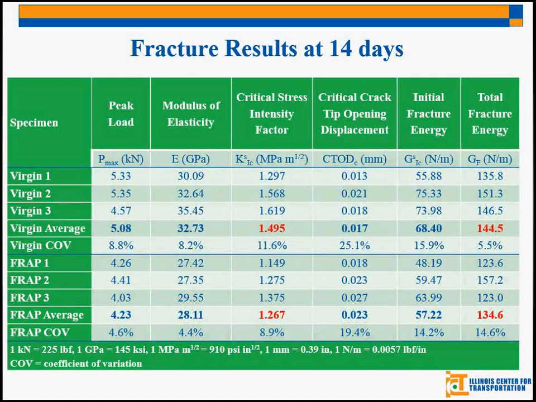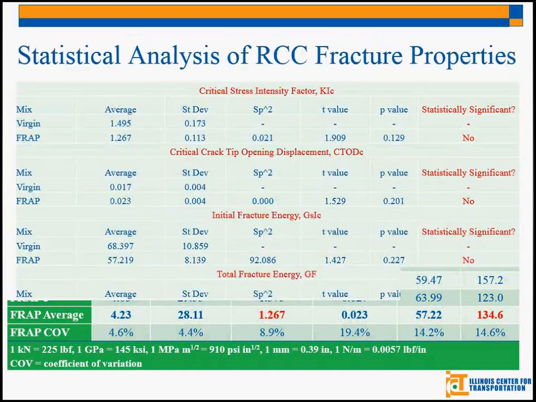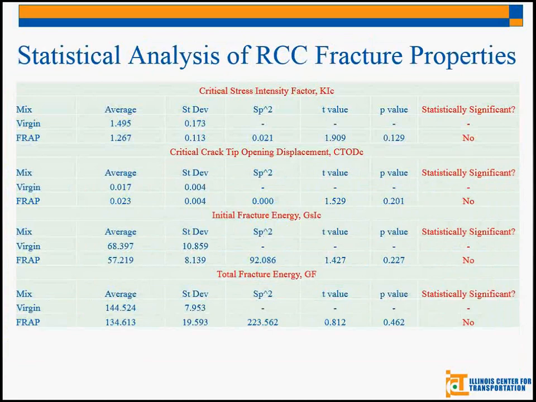But obviously these numbers are similar to each other, but what do they mean? Sorry, backtracking. Are they statistically the same in terms of virgin versus frap mixes? We found that there's not a statistical difference between any of the major fracture properties of the two mixes.